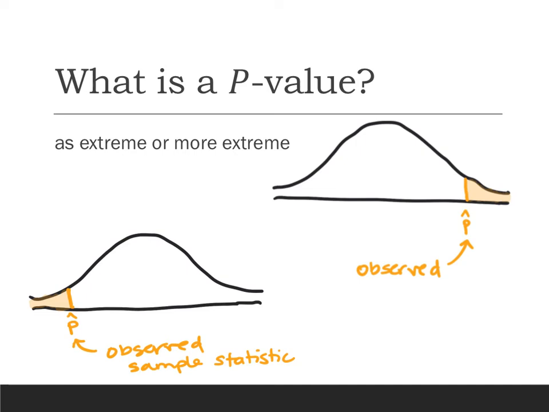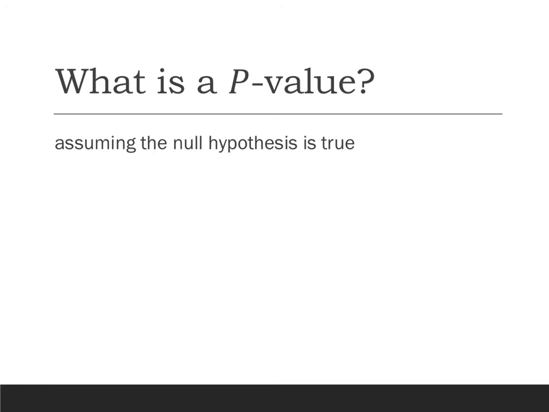We're going to have a 1-prop Z test and a t-test, and we'll see all those as we continue, but that's going to give us our p-value. But that p-value is just an area under a curve. It's just a probability of getting as extreme, so again, as extreme or more extreme, as extreme or more extreme. So it doesn't matter which direction we're going. That's what that phrase means.